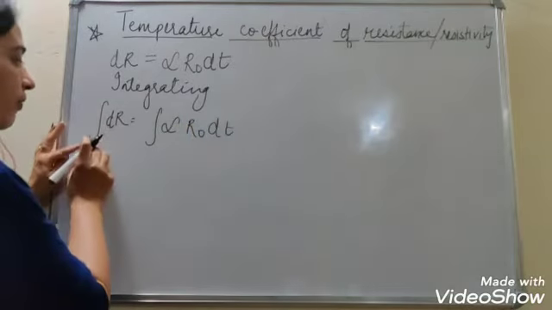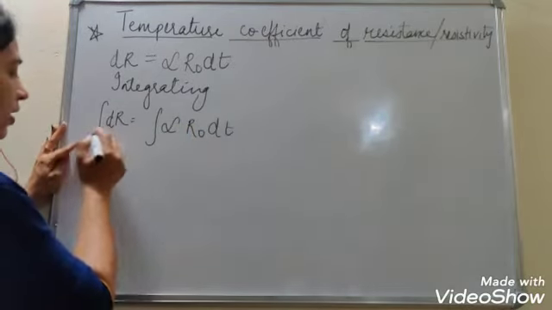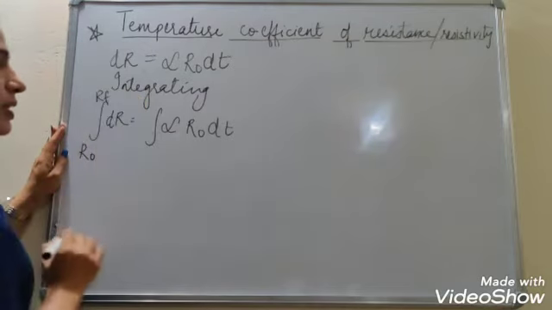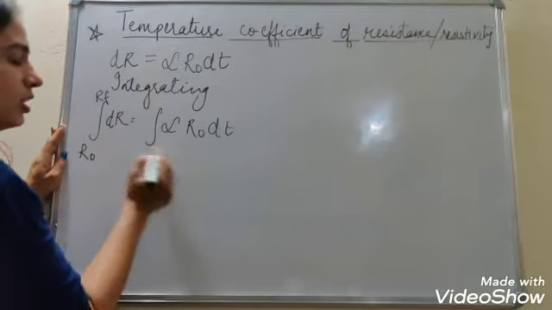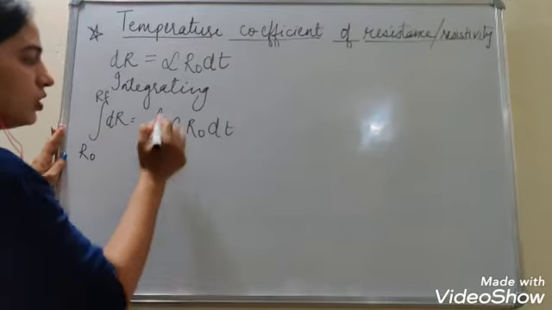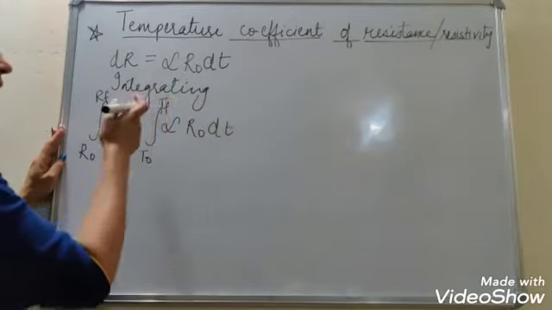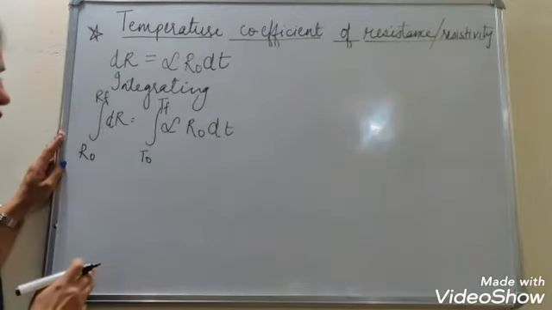We will integrate dR from initial resistance to final resistance, and will integrate the change in temperature from initial temperature to final temperature. We can write it as T dash and this is R dash also.